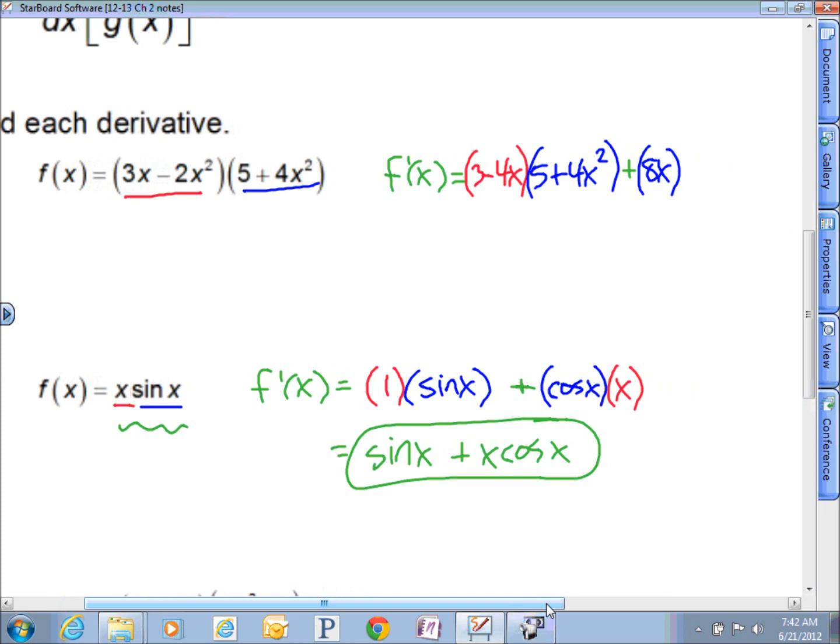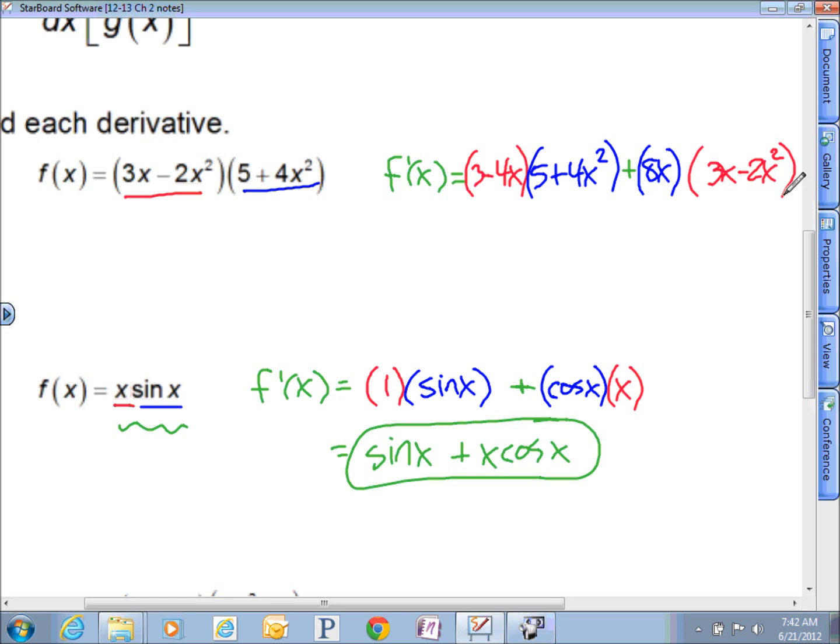The rest of the original would be the red function, 3x minus 2x squared. If you look at what we have now, we're going to have to multiply out that binomial, distribute that 8x and put all my like terms together. The derivative part wasn't that bad. I followed the product rule. But the algebra is going to be a pain.